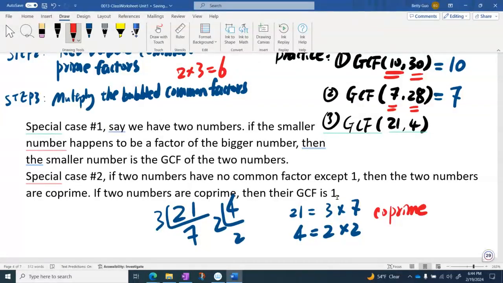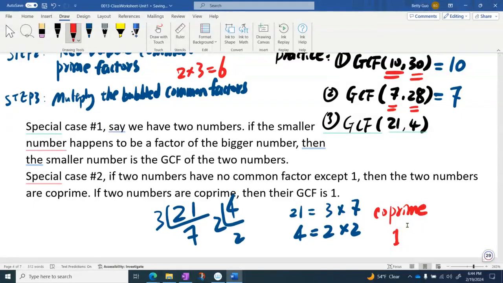The two numbers do not have any common prime factors, but they do have a common factor. The common factor is 1. Think about if your parents only have you as one child.